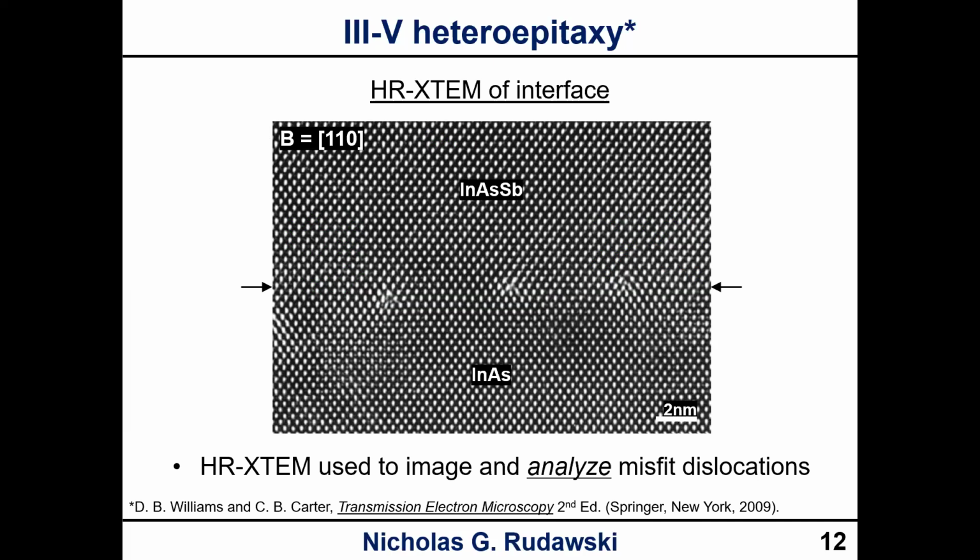So one of my favorite examples of this is actually using high-res to analyze misfit dislocations, okay? If you're doing mismatched heteroepitaxy, in this case you've got III-V semiconductor growth, and you're growing indium arsenide antimonide on indium aluminum arsenide.